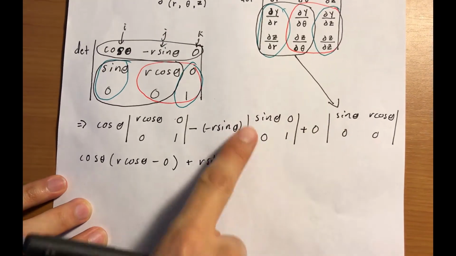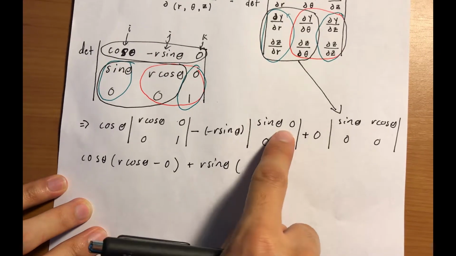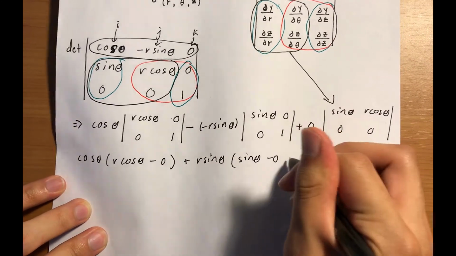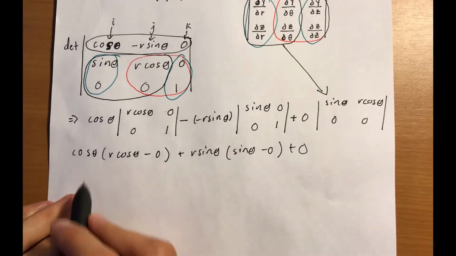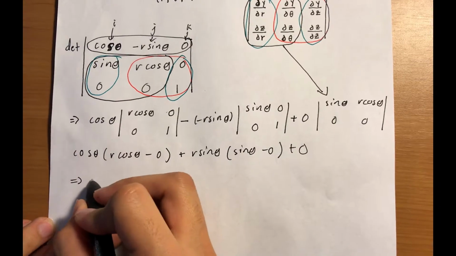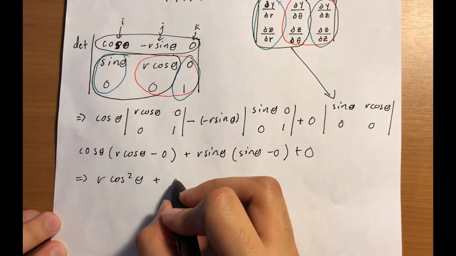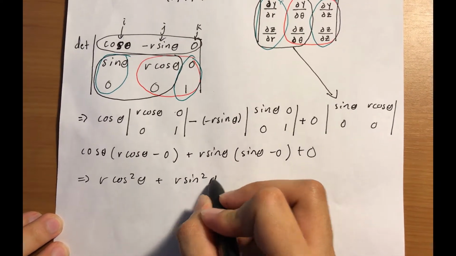And now take the determinant of the 2 by 2: sine theta times 1, sine theta, minus 0, and then plus 0, which is 0. So now we distribute across. This is r cosine squared theta plus r sine squared theta.